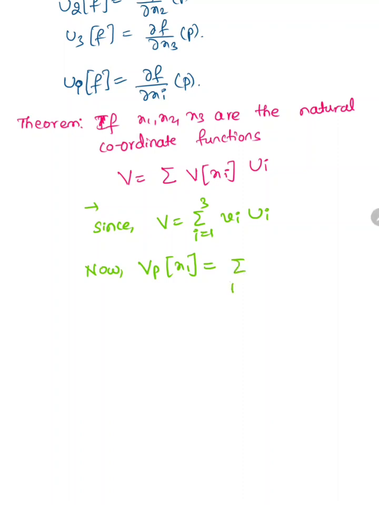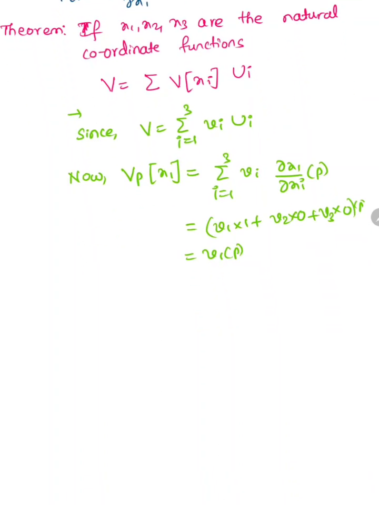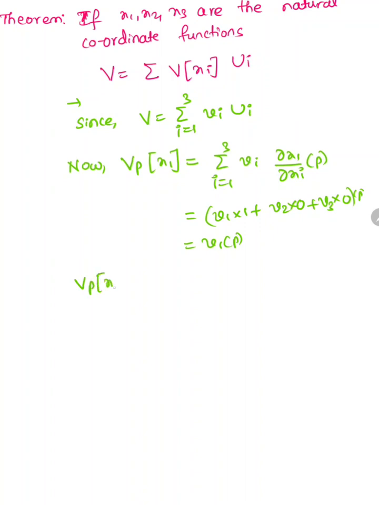This can be written as summation i is equal to 1, 2, 3 of vi into dou x1 by dou xi at the point P. So this is equal to v1 into 1 plus v2 into 0 plus v3 into 0, because dou x1 with respect to x1 is 1, and with respect to x2 and x3 is 0. This is equal to v1 at the point P. Similarly, we can check v_p of x2 is equal to v2 of p, and v_p of x3 is equal to v3 of p.